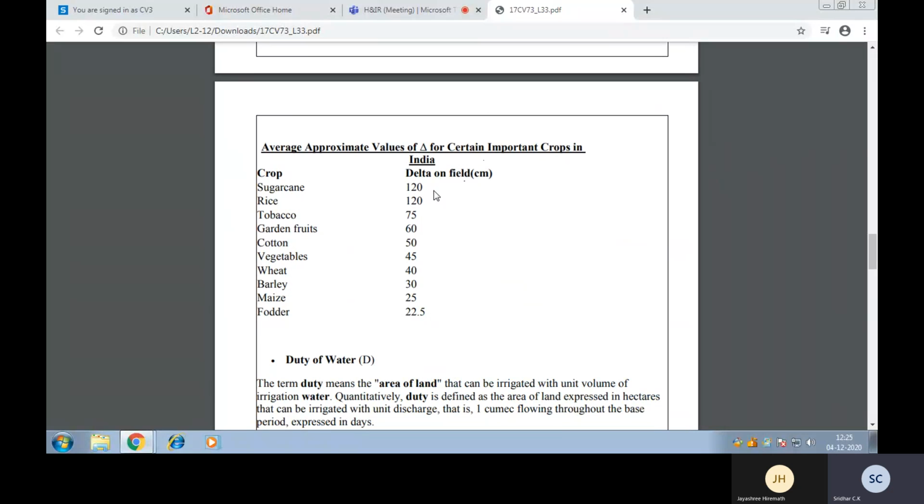Any agriculturist will consider these values. They are genuine values, not arbitrary; they are empirical values taken from the experience of so many years.